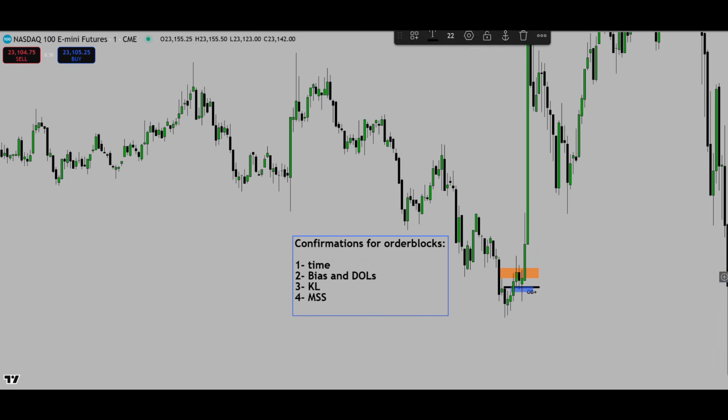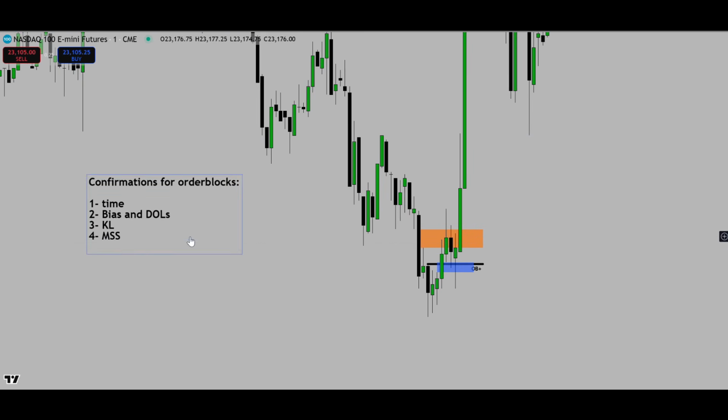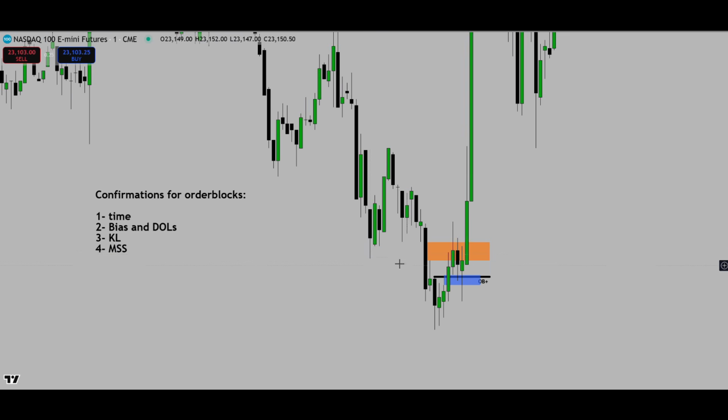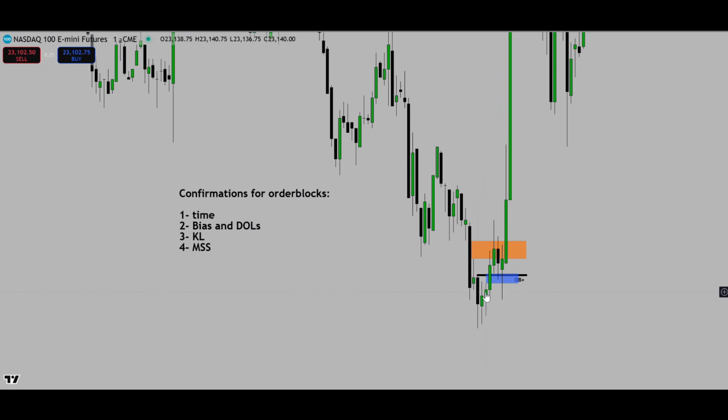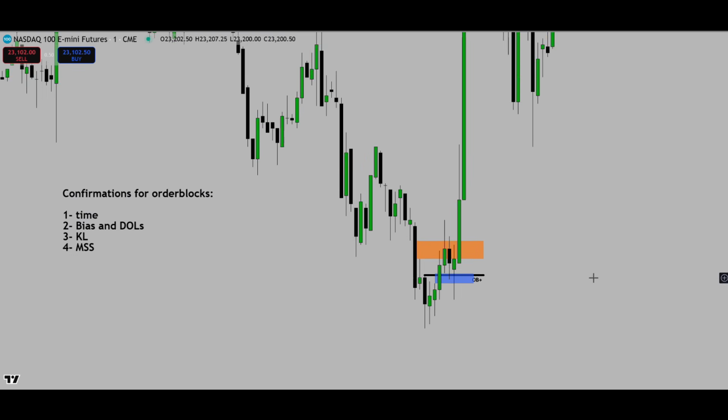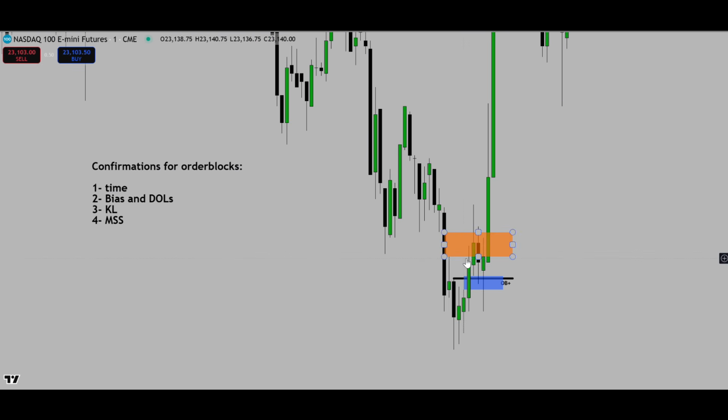What do I mean by that? For example, right here, we take out those equal lows. We take out a short-term low as well here. And what ends up happening? We close above the order block. That is the change in state of delivery. Not only do we close above that order block, we also create a fair value gap.